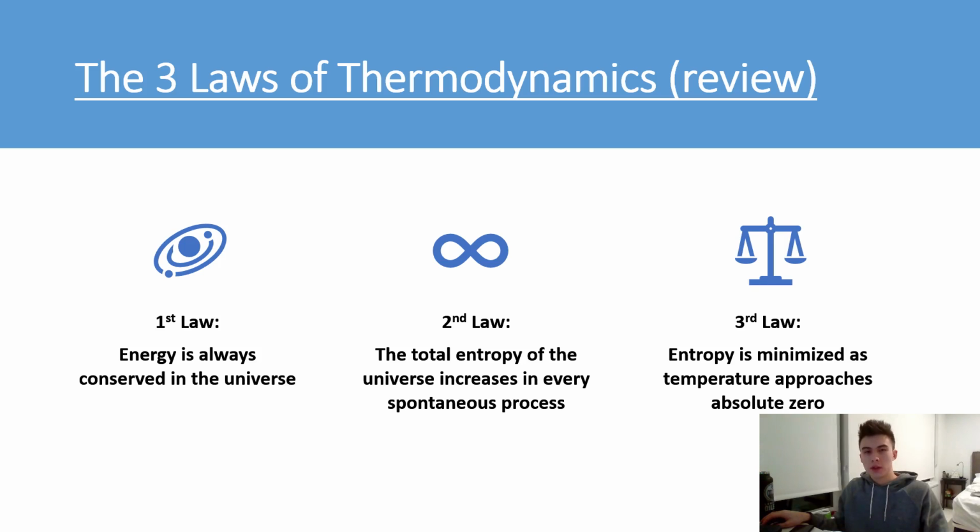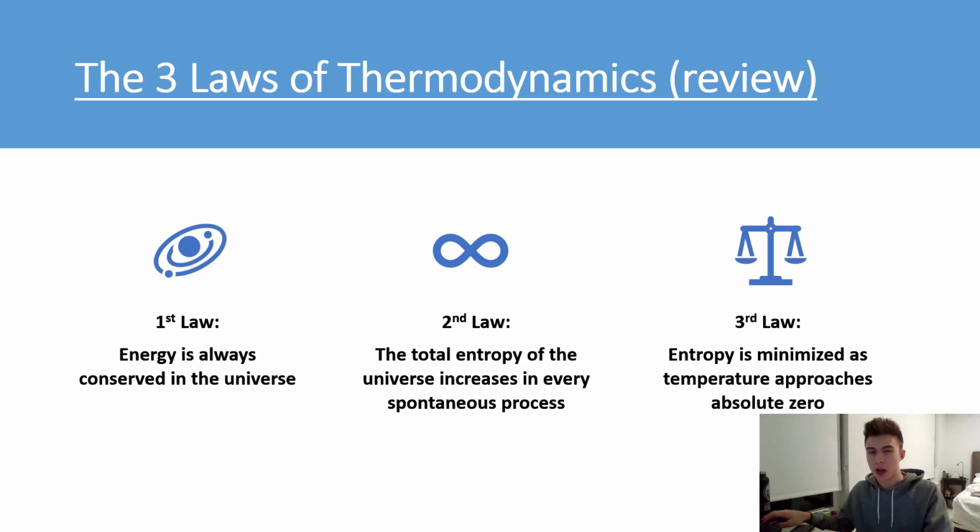Now moving on to the three laws of thermodynamics. The first law is that energy is always conserved in the universe. The second law is that the total entropy of the universe increases in every spontaneous process, which is a pretty interesting statement, at least in my opinion. And then the third law is that entropy is minimized as temperature approaches absolute zero.